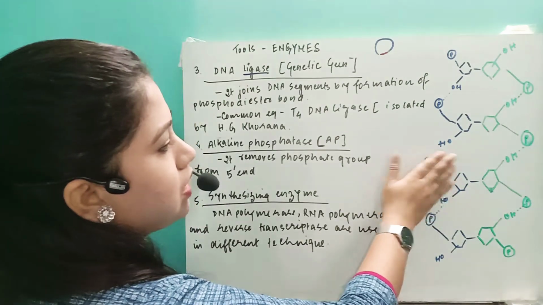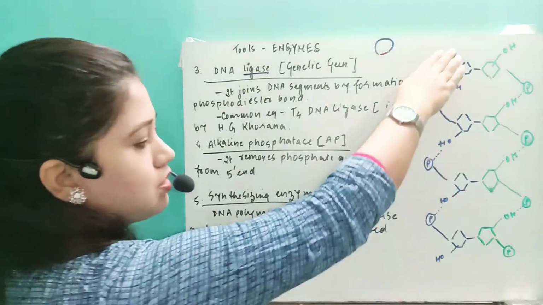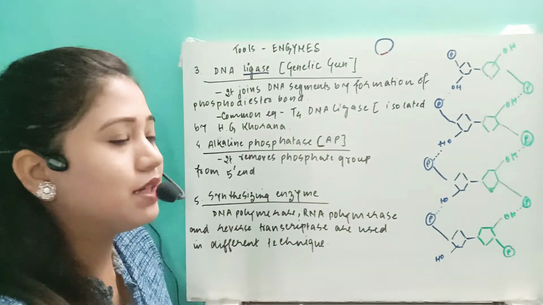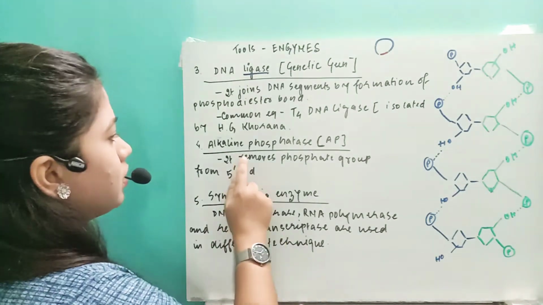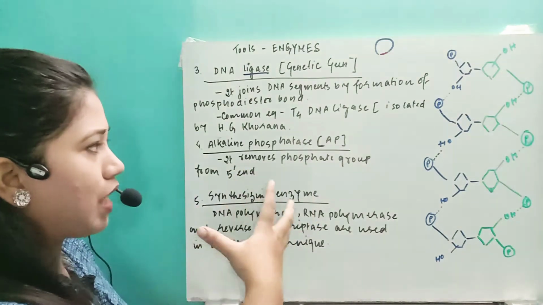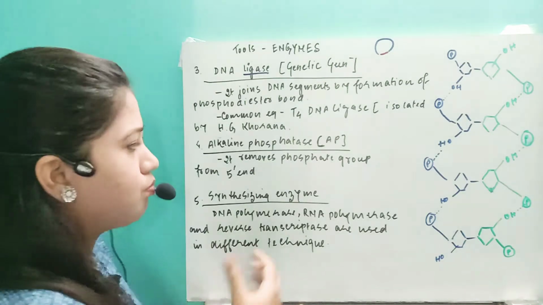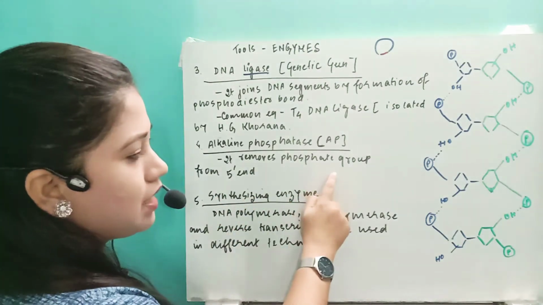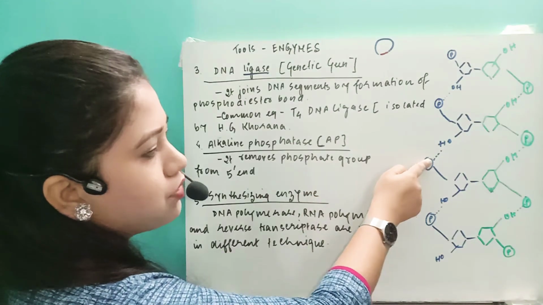Suppose this is one complete DNA fragment. If you need to break it, you need the enzyme that removes the phosphate group, that is the alkaline phosphatase. This alkaline phosphatase will remove the phosphate.